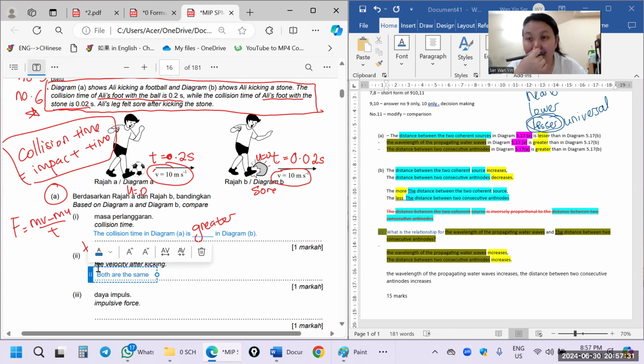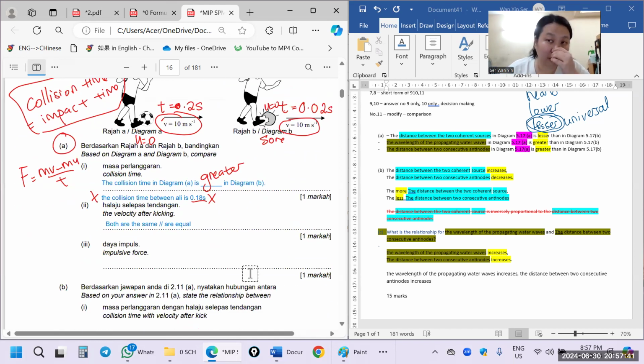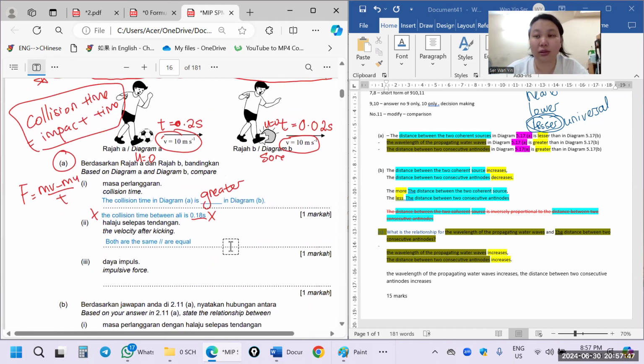You can just say both are the same or both are equal. So compare is not only greater or lesser, there is also equal.